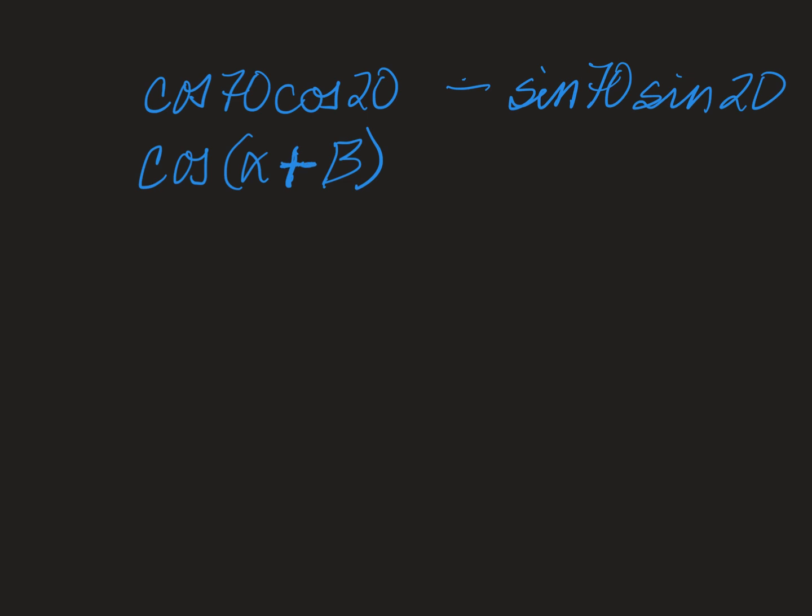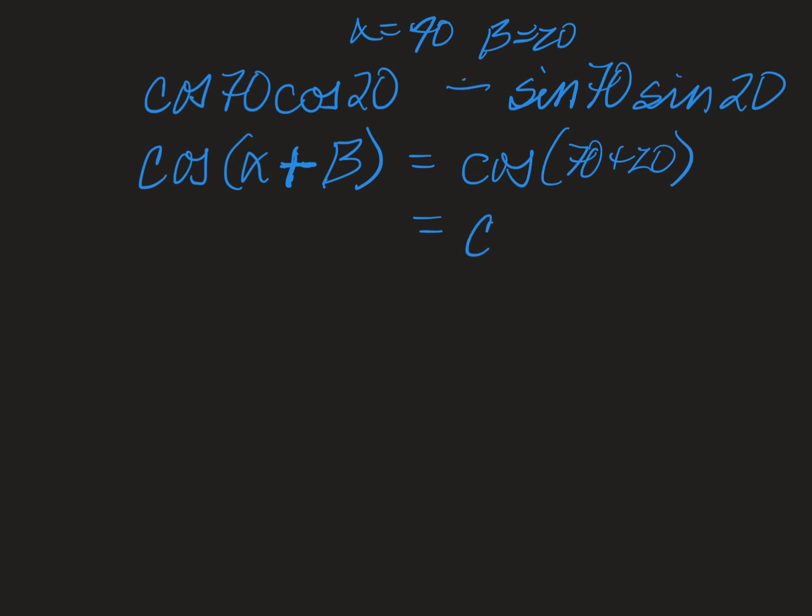But what is alpha? In this problem, alpha equals 70 and beta equals 20 degrees. So we really have the cosine of 70 plus 20, which is the cosine of 90 degrees. And the cosine of 90 degrees is 0. Done. This is the exact value.